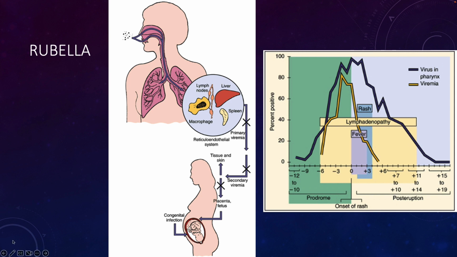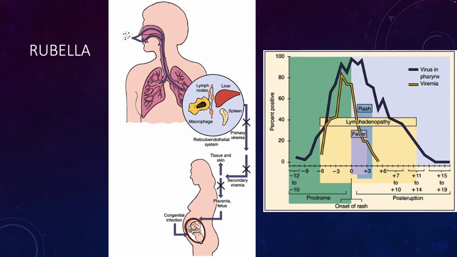So, rubella, respiratory virus, it can go into various organs, lymph nodes, macrophage, liver, spleen. If you have a primary viremia that then develops into a secondary viremia, in a pregnant patient, you can have congenital infection of the fetus.